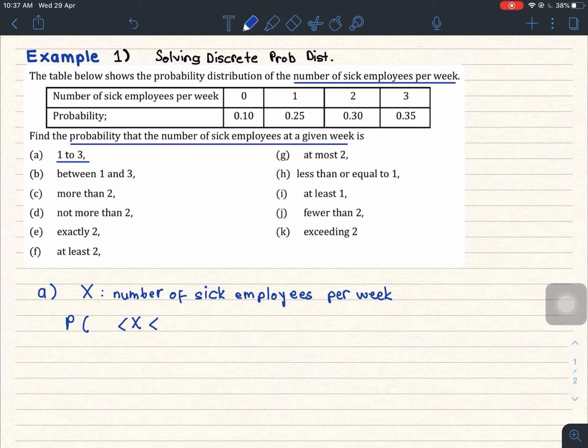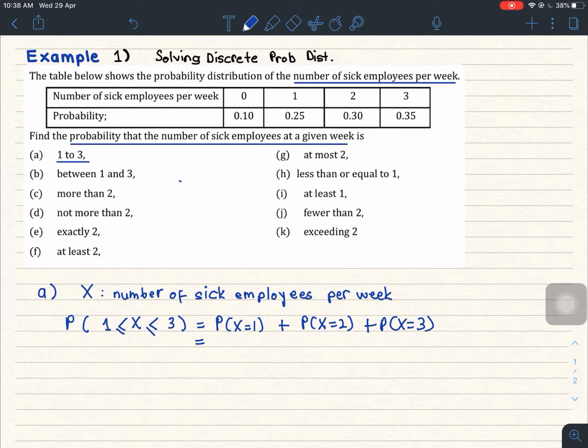"From" means 1 is included, so you have an equivalent sign, and 3 is also included, so you have an equivalent sign. Find the sum from 1 to 3: P(X = 1) plus P(X = 2) plus P(X = 3).